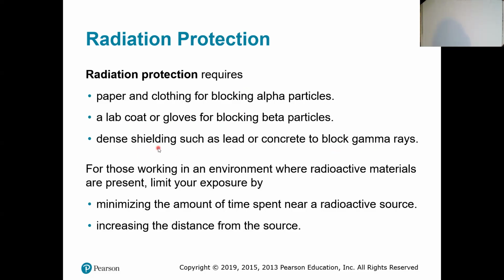So for gamma rays, you'd need something like lead, something like really thick concrete in order to block gamma rays. Okay. But the best thing that you can do if you are working in an environment where you have radioactive material nearby is to just try to spend as much time away from the main source of the material as possible, right? Because distance is your best protection from a radioactive source.